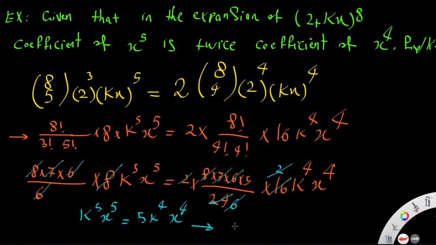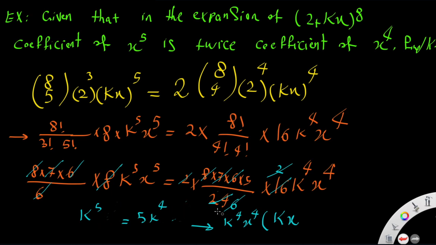Now I transfer whatever I have to the other side and factor out k to the power of 4, which is a common factor, and x to the power of 4 is also a common factor. Actually it is talking about coefficients, so there is no need to write x to the power of 4 and x to the power of 5 because it's a matter of coefficients.